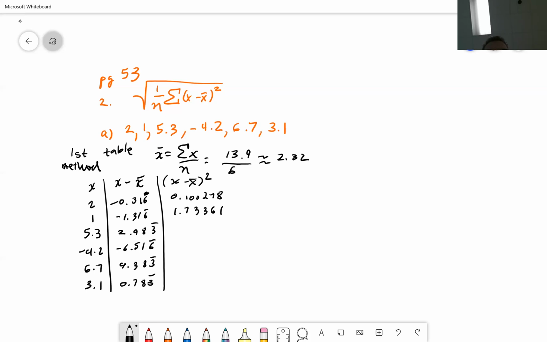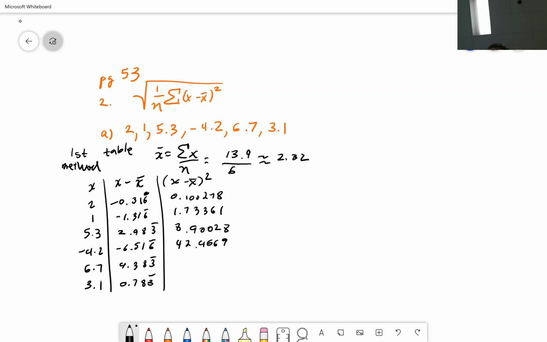Let me go ahead and do the next one, 2.9, and then raise that to the second. That's 8.90028. Now I've got to find the -6.5 something. I'm in parentheses, I'm going to square it. And now that's 42.4669.